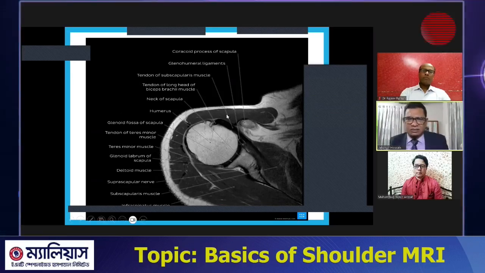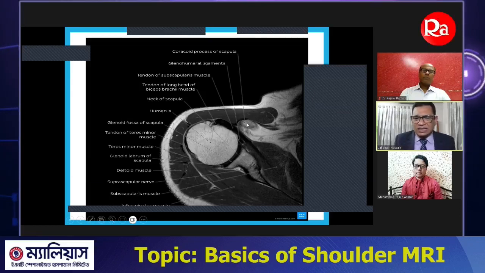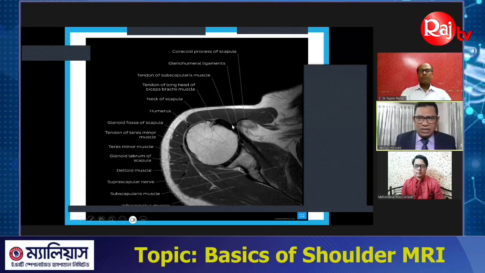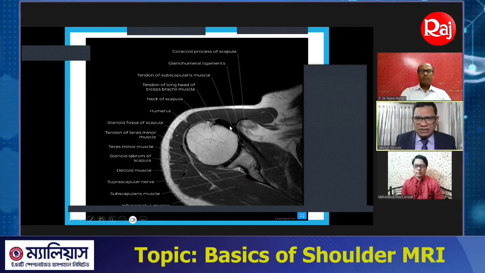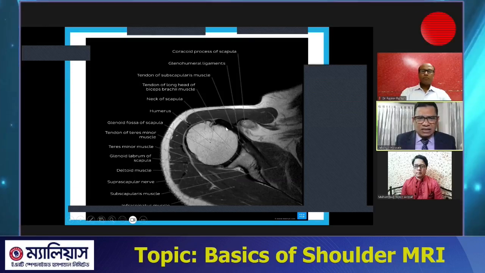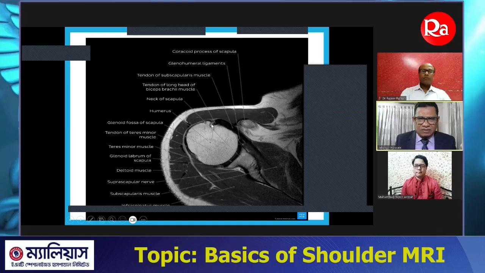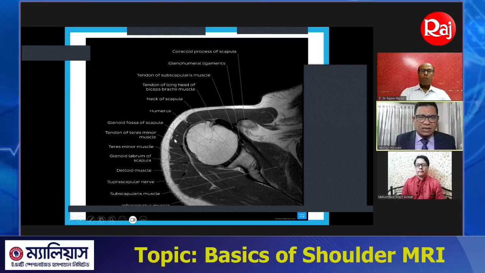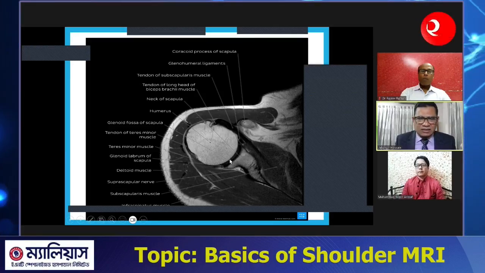In this field, you can see the coracoid process, glenohumeral ligament, and tendon of the subscapularis. This is the tendon of the long head of the biceps brachii muscle. This is the neck of the humerus, humeral head, glenoid fossa. This is the glenoid fossa, tendon of teres minor.